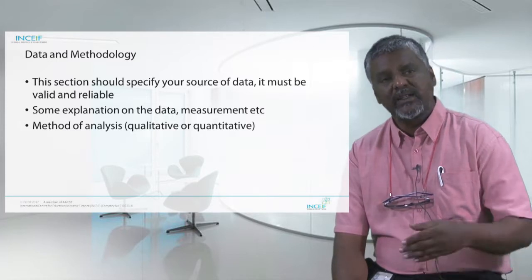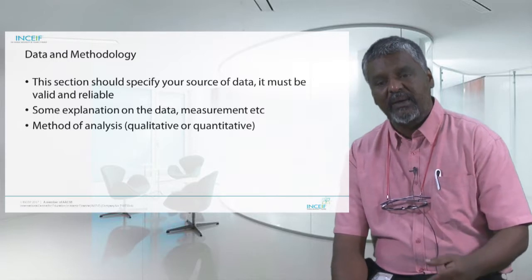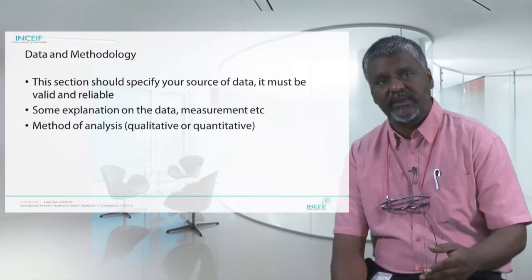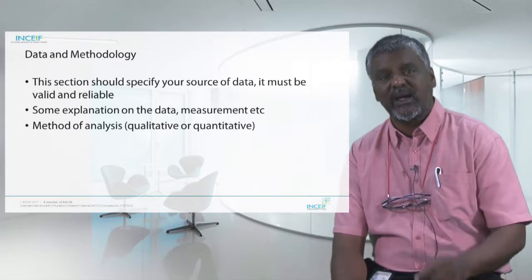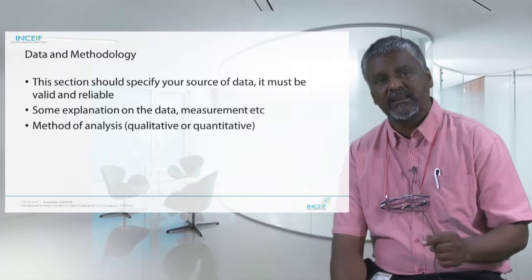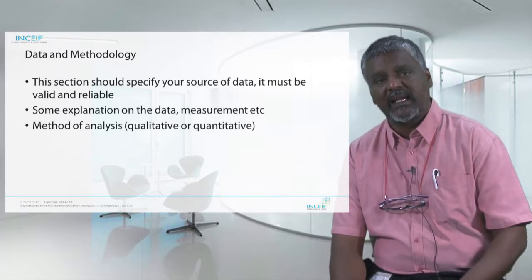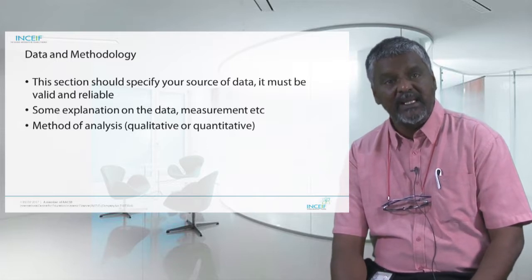You should continue by describing the data that you'll be using, the method that you'll be using. So in the data and methodology section, you should specify your source of data. And please bear in mind, the source of data must be valid and reliable. And please cite the source.